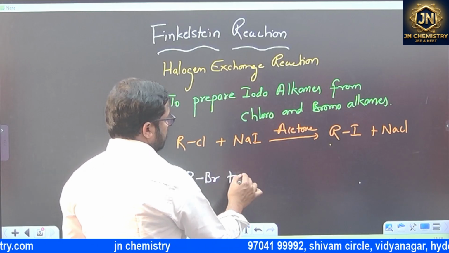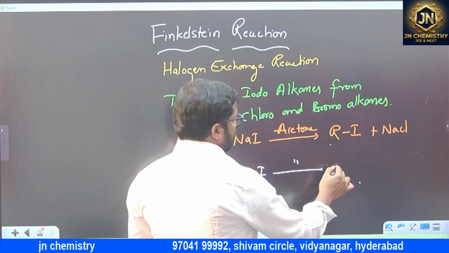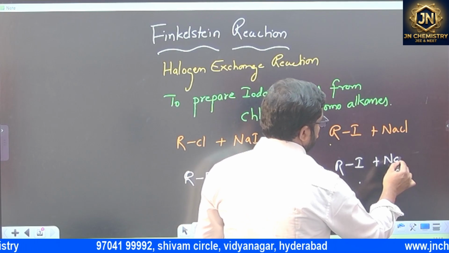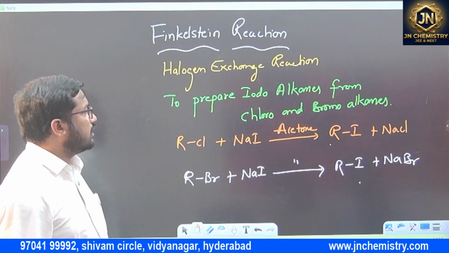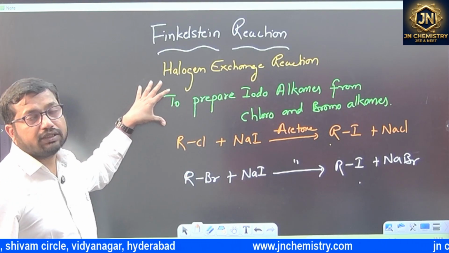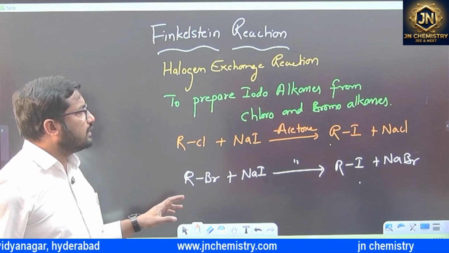RBr plus NaI gives RI plus NaBr. So these are the reactions; it's a named reaction, coming in the second year, to prepare iodoalkanes.